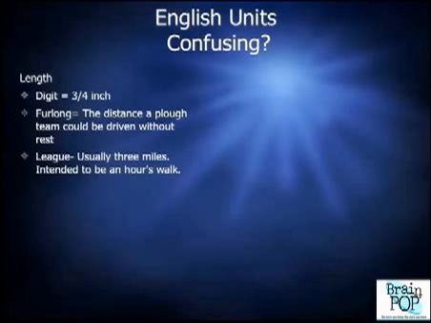A league, have you heard of leagues? Like 20,000 leagues under the sea? A league is about 3 miles. It was originally set up as about how far you could walk in an hour. So 20,000 leagues actually means 60,000 miles. So, again, these are based on weird measurements.